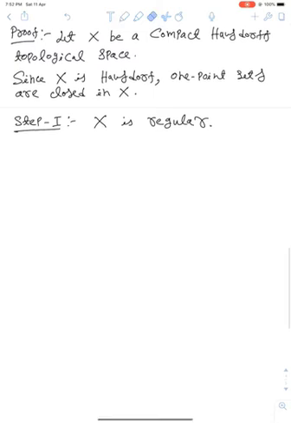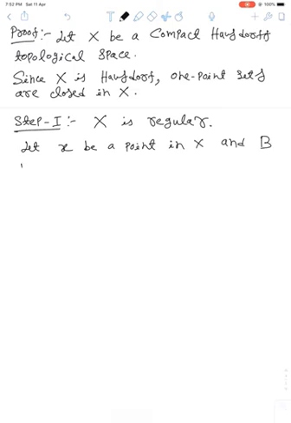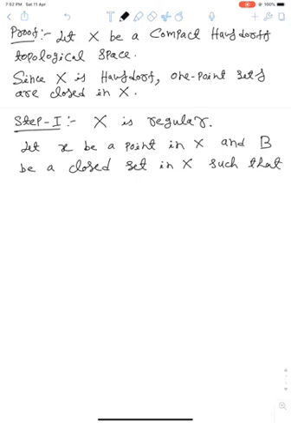So let x be a point in X and B be a closed set in X such that x does not belong to B. Fine.